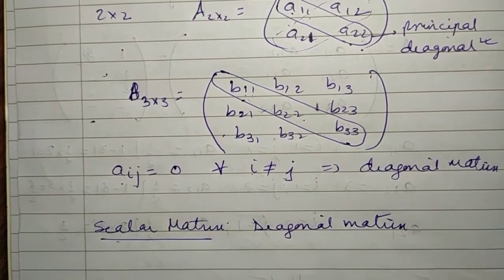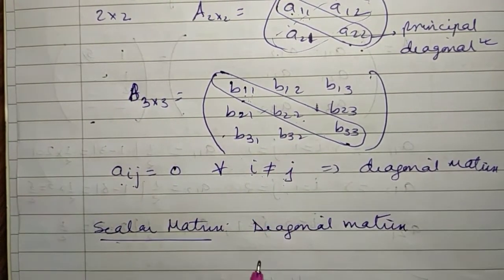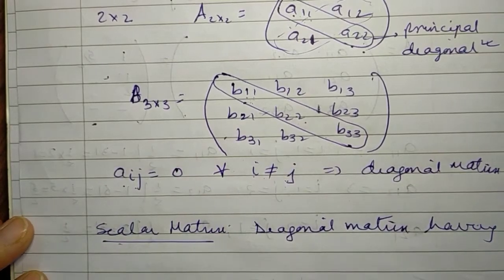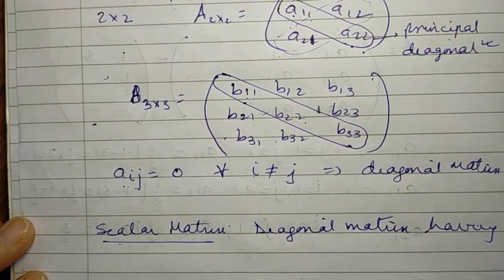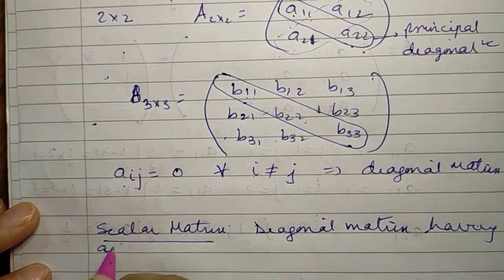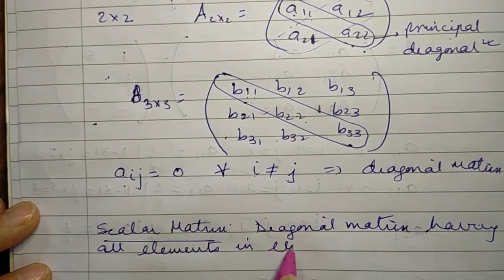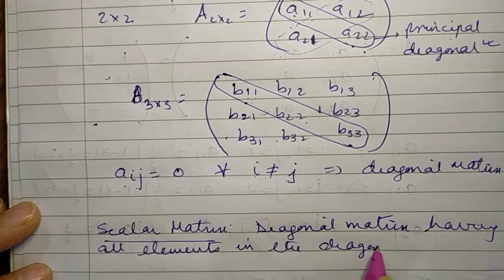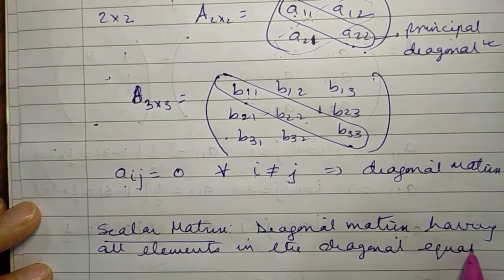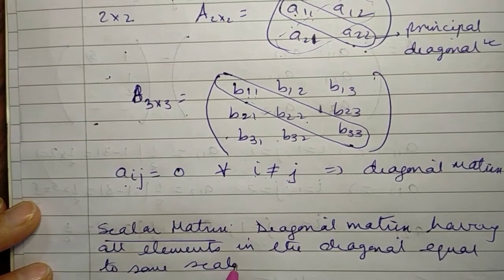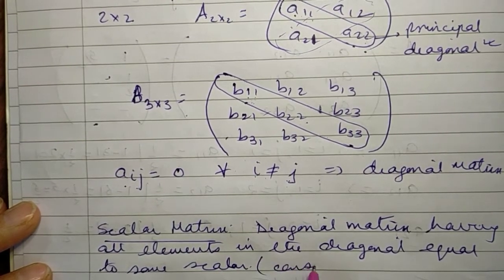It is a square matrix having all diagonal elements equal to some scalar or a constant.